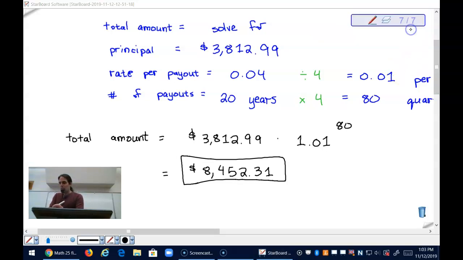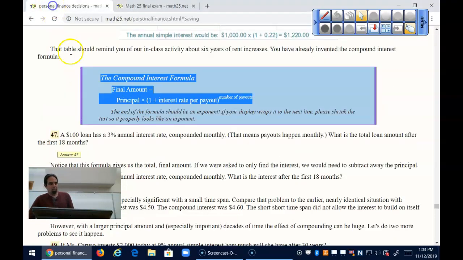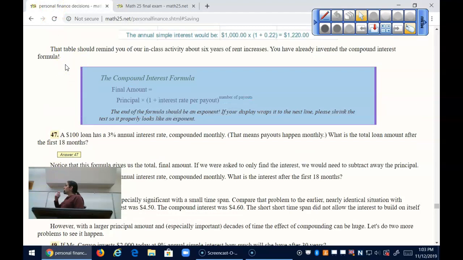So, sum of annuity due. Neither of these is great for actually saving for retirement. You're certainly not going to buy a bond and wait and when the bond matures try and retire off that. You're not even going to put a bunch of money in the bank when you're 20 years old and then wait 40 years and see what you have. Right? You're going to put money in every year as you save for retirement.